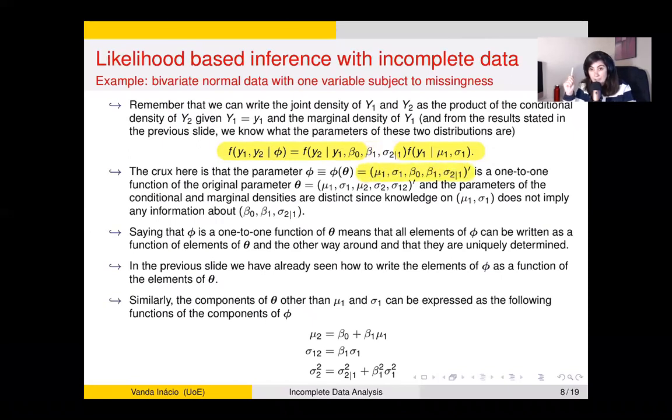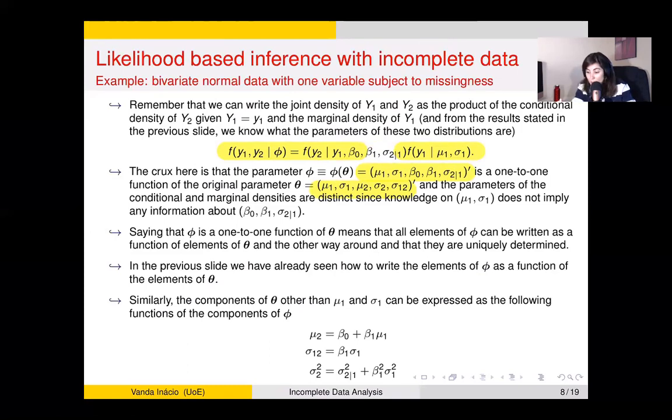It's important for what will come next that the parameters in psi are in a one-to-one correspondence with the parameters of my original model, which are the elements of the mean vector and of the variance covariance matrix. They are here: mu1, sigma 1, mu2, sigma 2, and the covariance between y1 and y2.